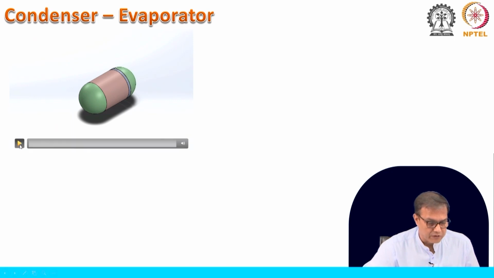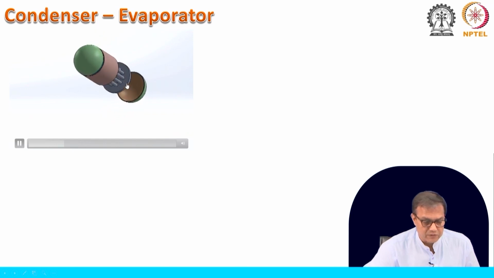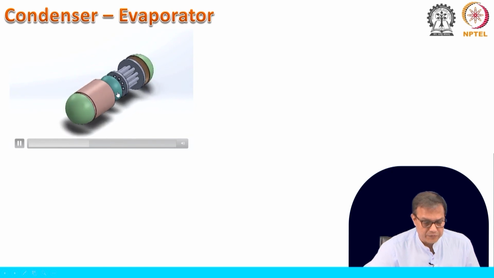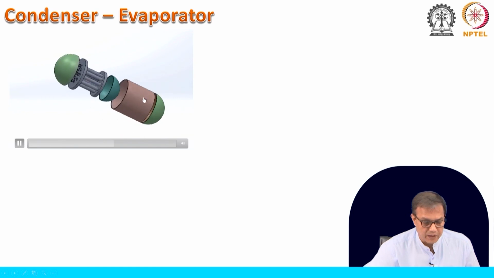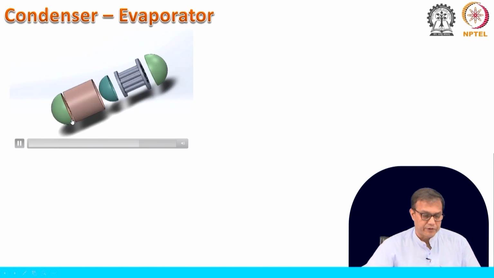Okay, I am showing it once more. This is how this condenser evaporator looks like. This is the tube bundle, this is the top cover, this is the bottom cover, this is the cylindrical part, and this is another top cover of it.